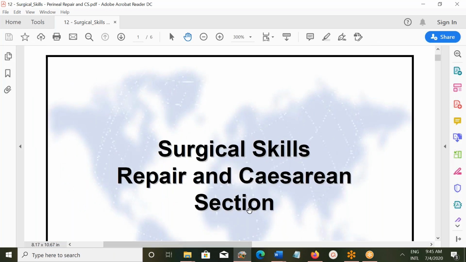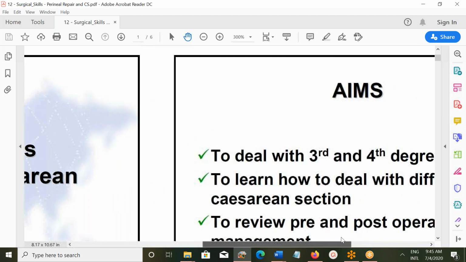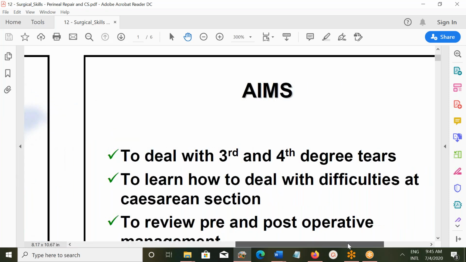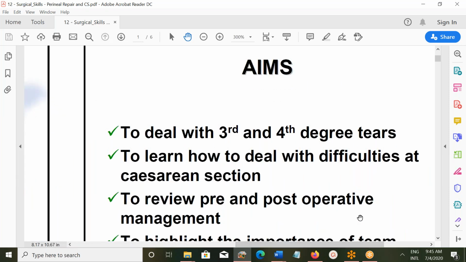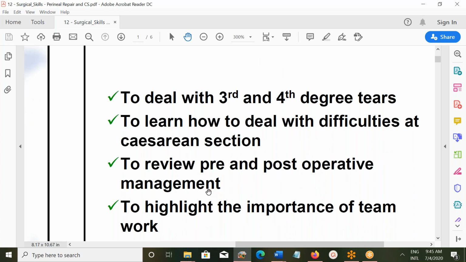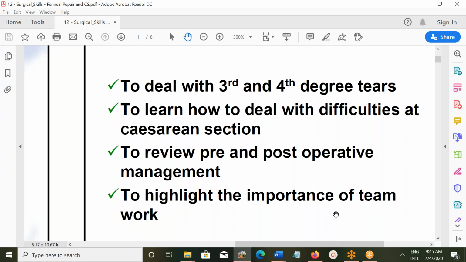It is a major abdominal procedure, and there are certain surgical skills which should be known, and you should know about difficult cesarean sections. Among the difficulties in labor and delivery, you should know how to deal with third and fourth degree tears, what sort of difficulties you can see when doing cesarean section, how to do pre and post-operative management, and the importance of teamwork.